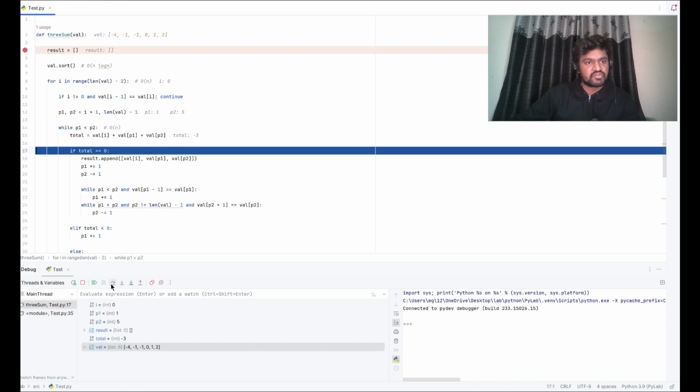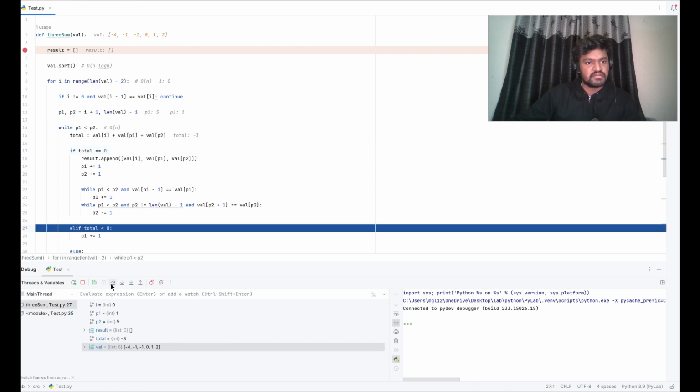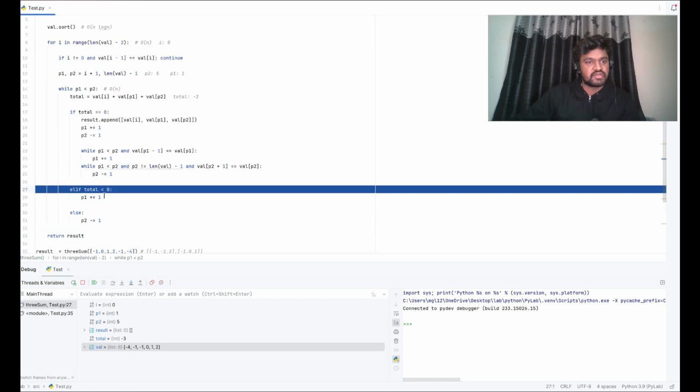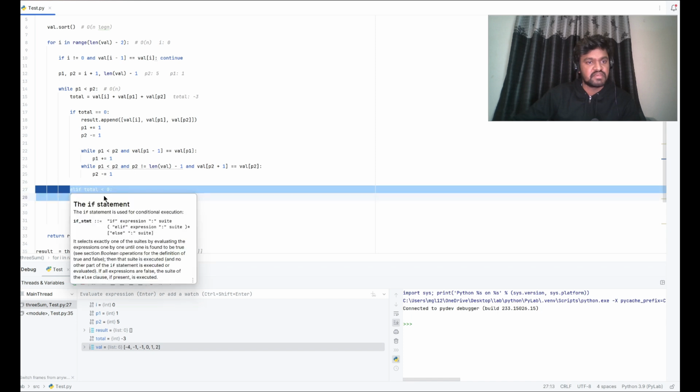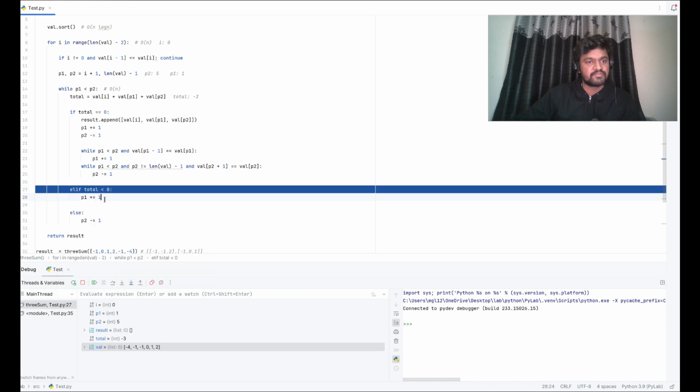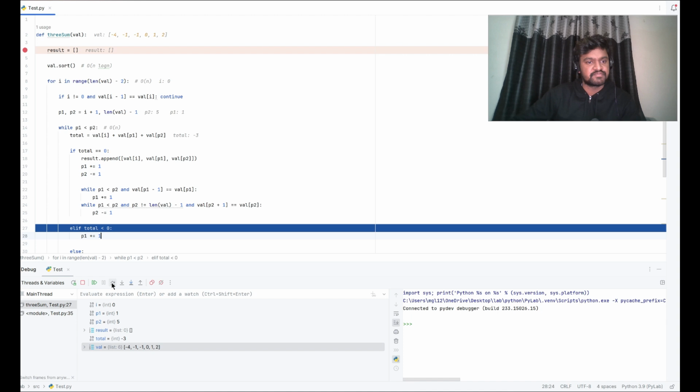It comes to the while loop, and there is no 0, so it checks the total, which is -3. So this else-if will get executed, and p1 will get incremented.